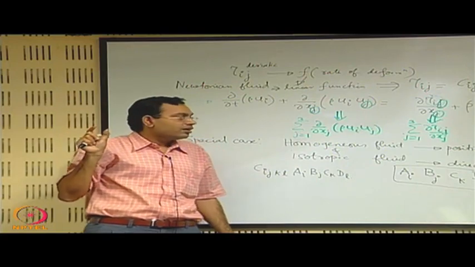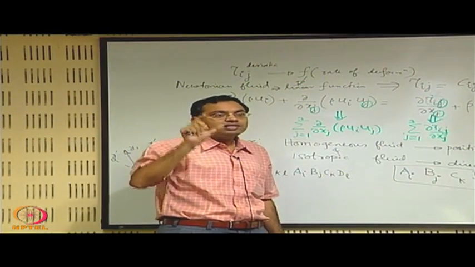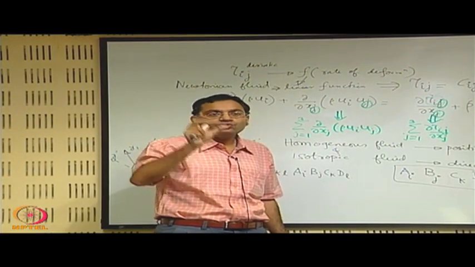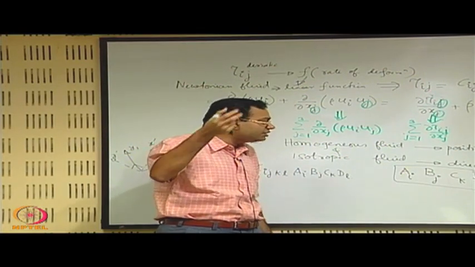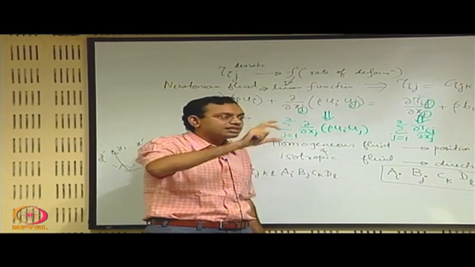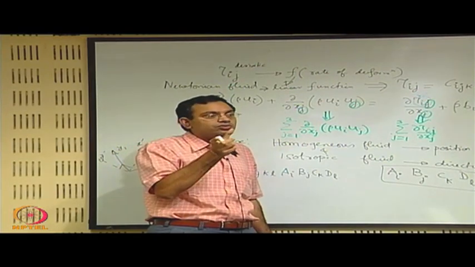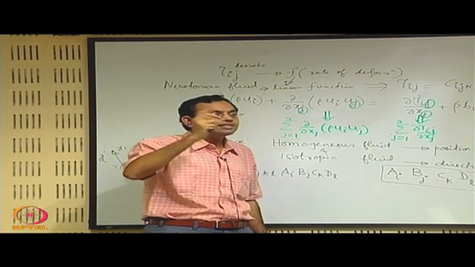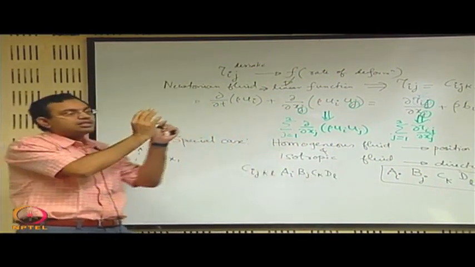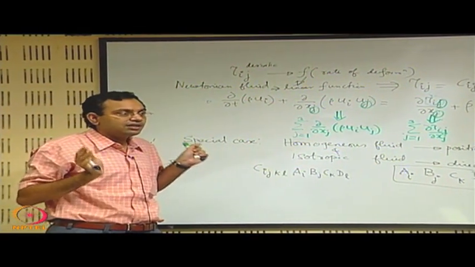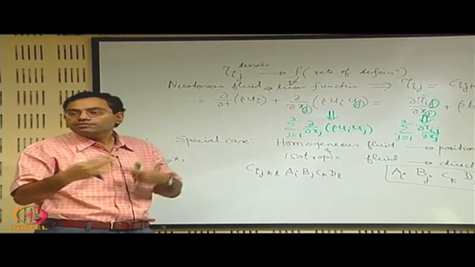So if you have vectors a, b, c and d, and you somehow preserve the angle between them taken in pairs, say a with b and c with d, maybe a with c and b with d, and a with d and b with c, these are the possible pairings. If you keep the angle between these unaltered, then no matter what their orientation in space, so long as the relative angle does not get disturbed, it should give back the same behavior. That is the meaning of isotropy.